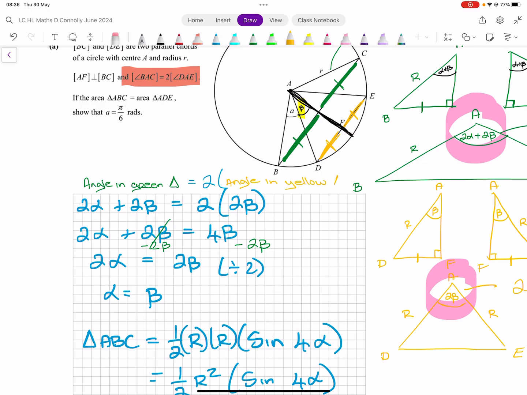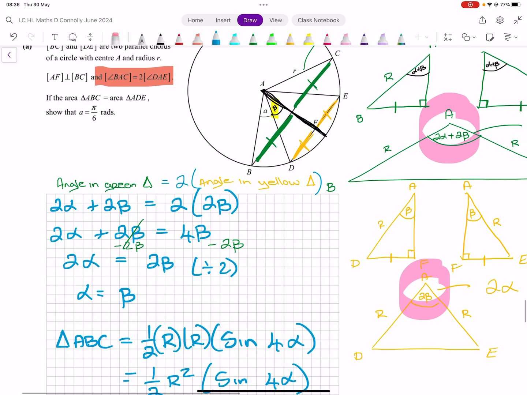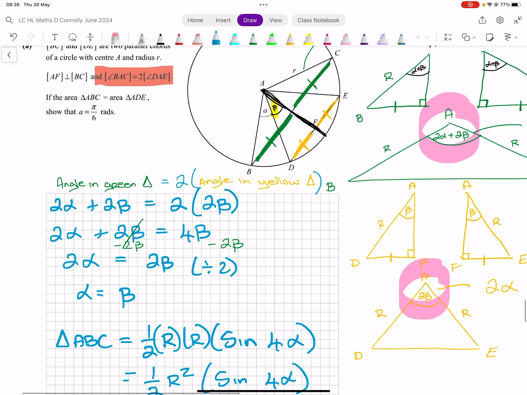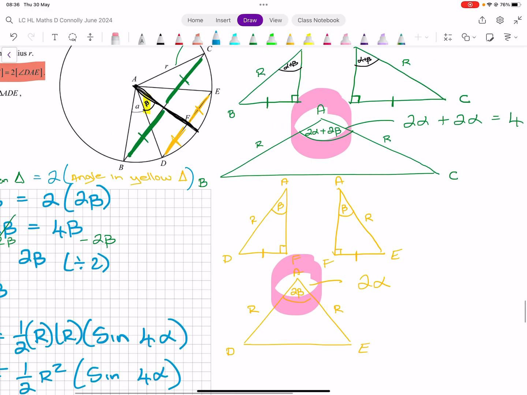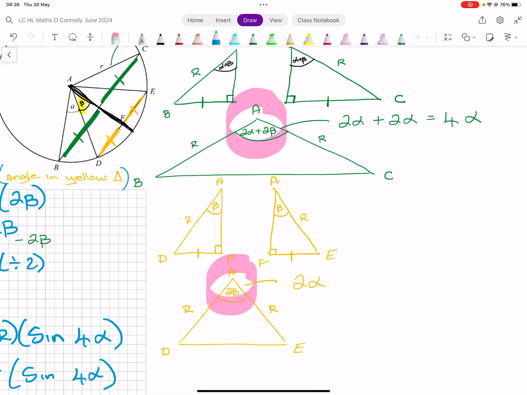Does that make sense? So I said 2 alpha plus 2 beta is equal to twice 2 beta. Did a little bit of very simple algebra and ended up proving that alpha and beta were the same, which made the naming convention much easier. So instead of 2 alpha plus 2 beta, it became 2 alpha plus 2 alpha, which is 4 alpha. And instead of 2 beta, it became 2 alpha.